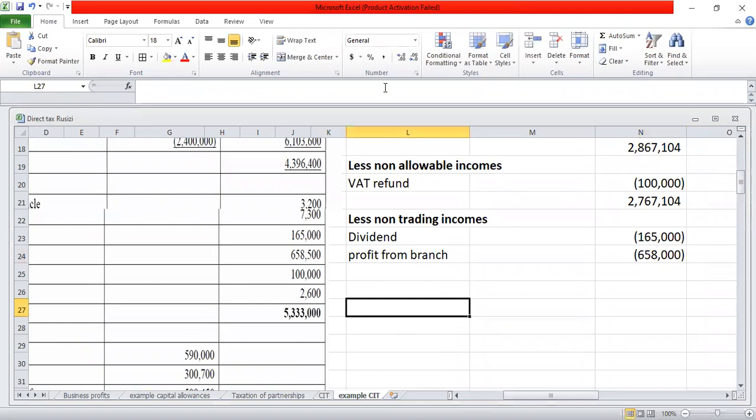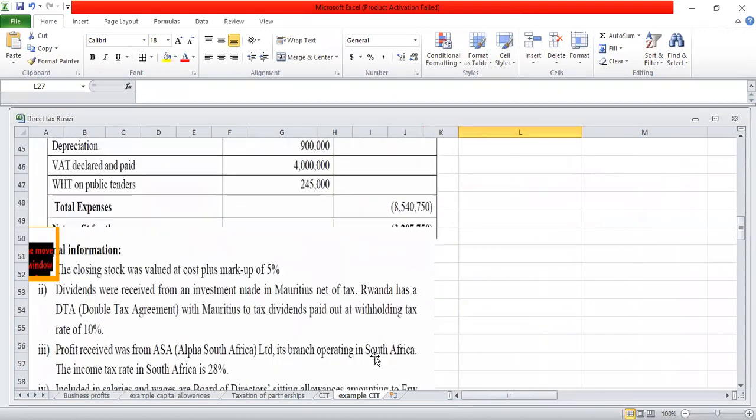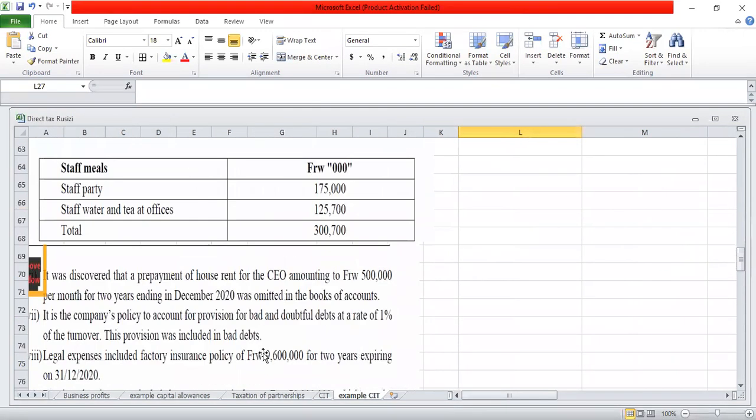So additional information number 6. For me, I'm seeing as if this is not a business income. Rent for CEO. The company is paying rent for CEO, and it was not recorded. If it was recorded, we would have added it back as an unallowable expense.